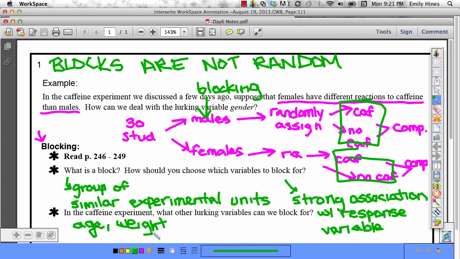So we are looking for things that would affect the impact of caffeine on the person: age, weight, body size, like body fat, maybe things of that nature.